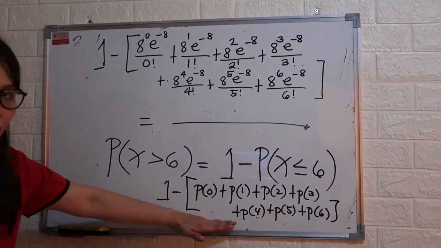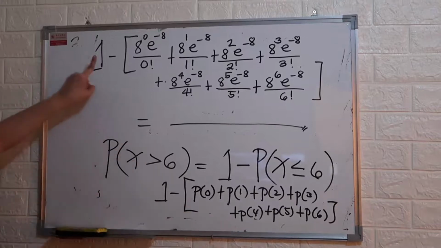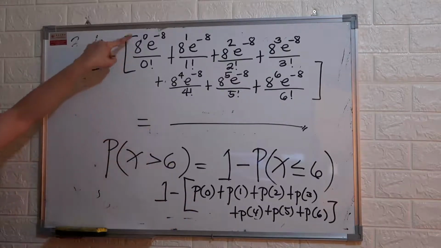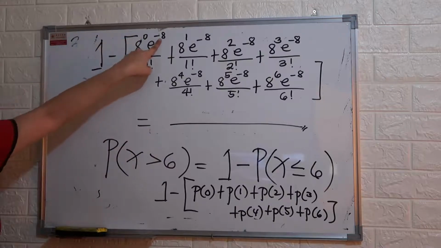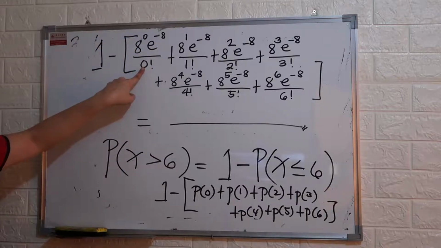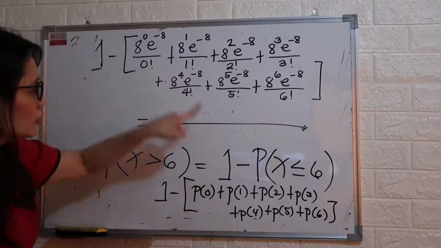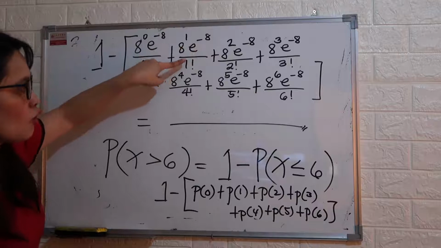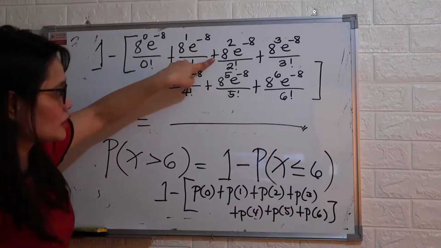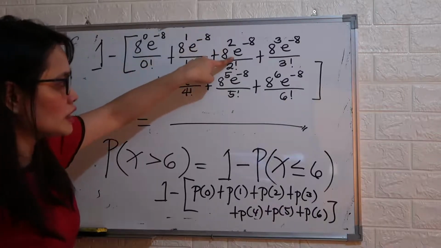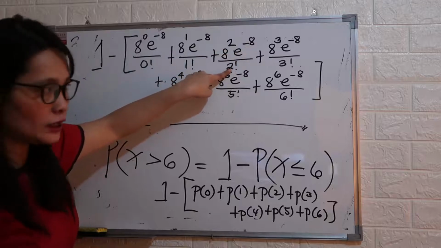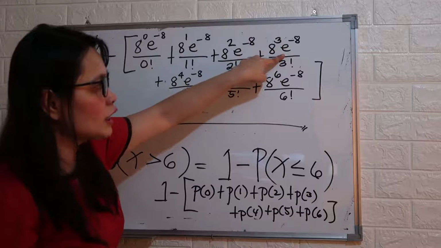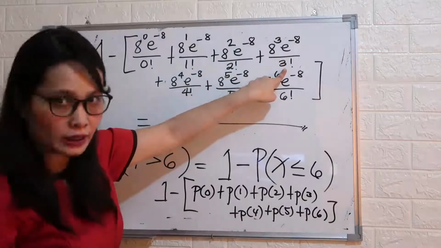So to answer this, we have 1 minus, so the probability of 0, that would be 8 raised to 0 multiplied by e raised to negative 8 over 0 factorial. And then to get the probability of 1, plus 8 raised to 1 multiplied by e raised to negative 8 over 1 factorial, plus 8 raised to 2 multiplied by e raised to negative 8 over 2 factorial, plus 8 raised to 3 multiplied by e raised to negative 8 over 3 factorial.